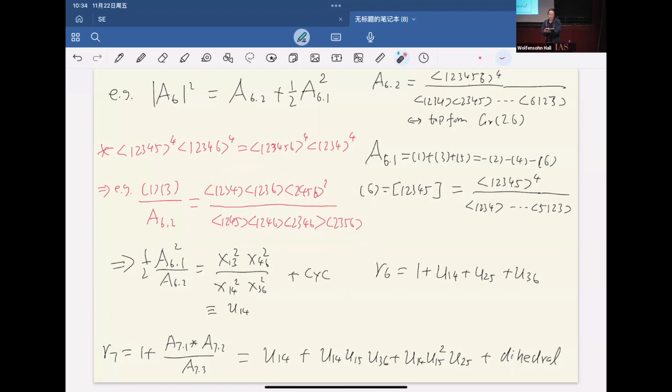But the problem is that this cross ratio in momentum twistor space has spurious poles in it. So now you have to square everything, and after you sum over all the terms, you arrive at this beautiful formula, which is just the local cross ratio U14 defined in this way, plus its cyclic images.